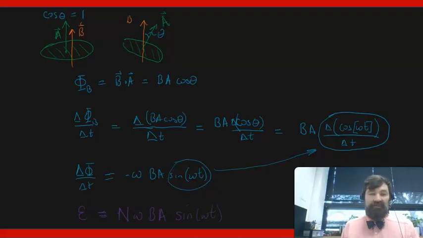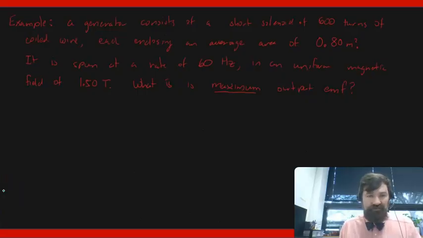Now notice that the negative sign from Faraday's law and the negative sign from this rate change combine to eliminate the negative sign. So there's no negative sign in this equation for the generator. We can write that equation again: N times B times A times omega times sine of omega t.